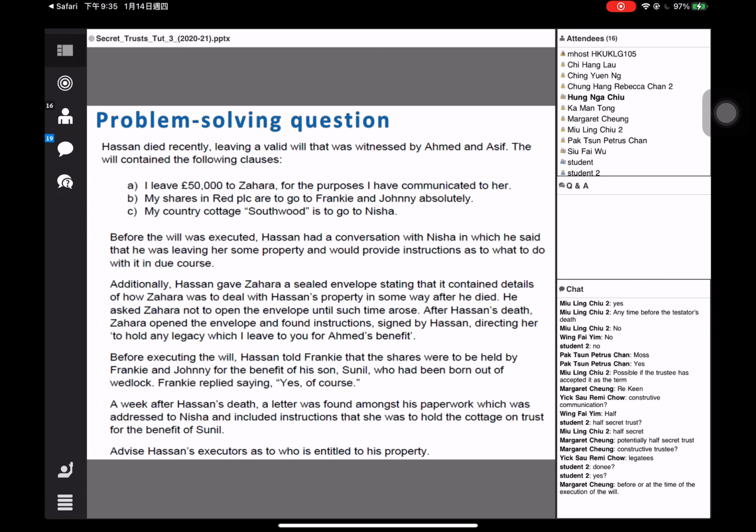Is that a problem for us? She doesn't know the actual terms until after he's died. Is that a problem for us then? What do you think?